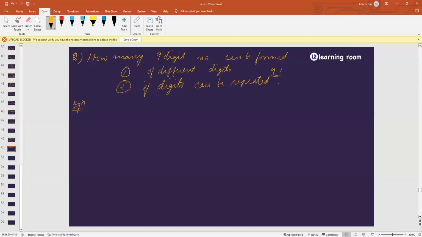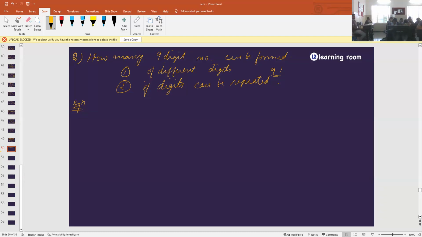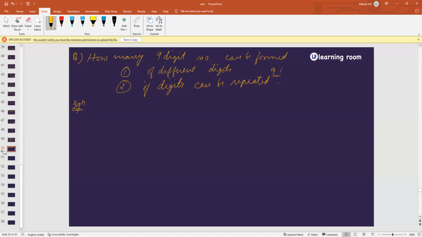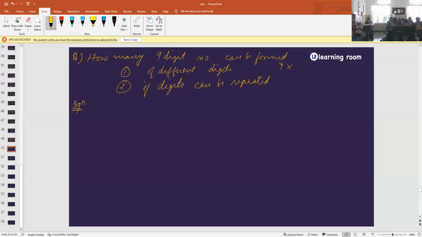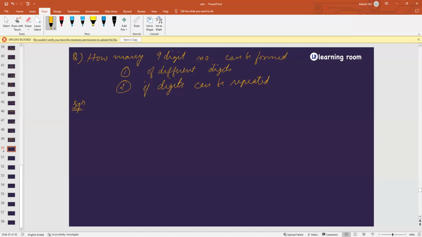No, that's wrong. 9 factorial is wrong. First one? Only 9, sir. Only 9. No. Sir, 9 into 10 factorial, sir. 9 into 10 factorial. No.